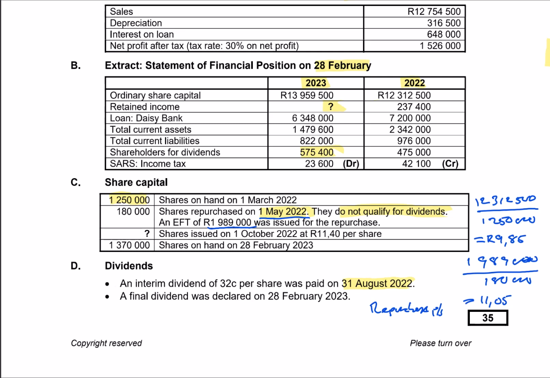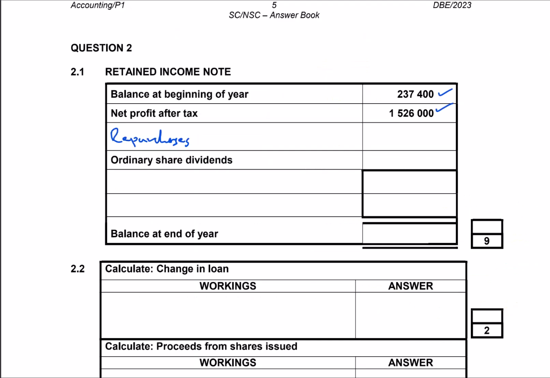So our average price is R9.85, but the shares were purchased at R11.05. Right, so the price over and above the average price, that's the premium. That's the one that goes to note number 8.